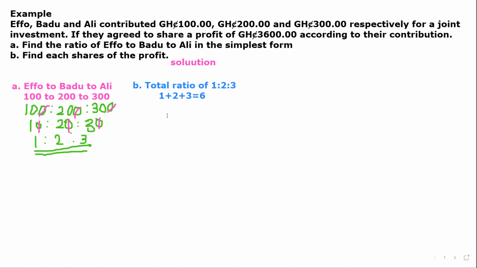So now, after getting your total ratio here, then you express them in a fraction for each person. So when you take A, the fraction for A is 1 out of 6 times the profit.